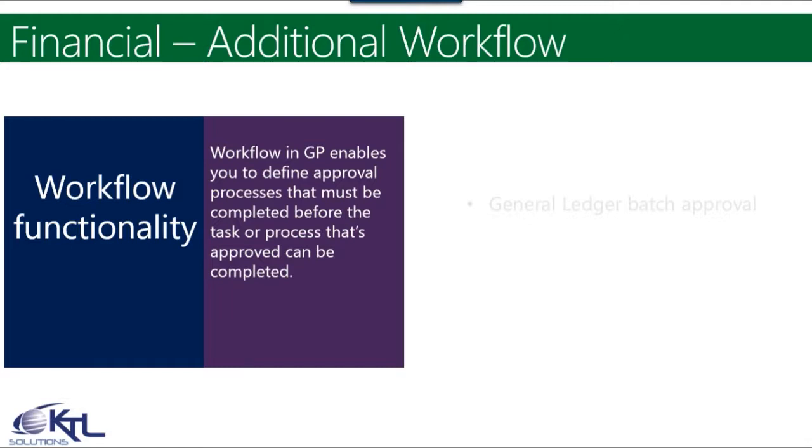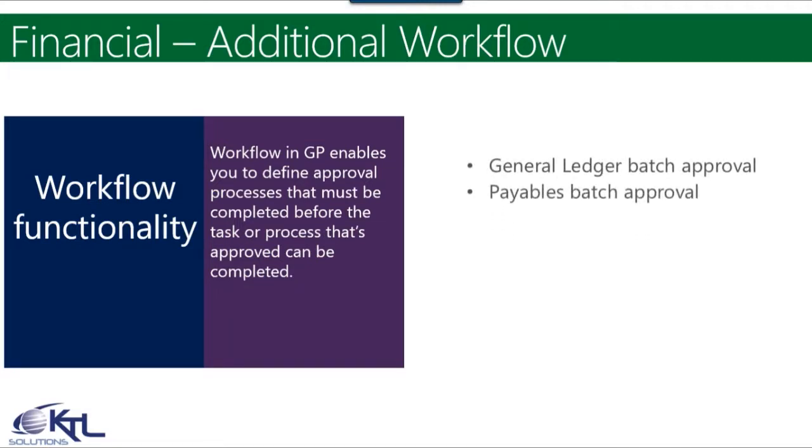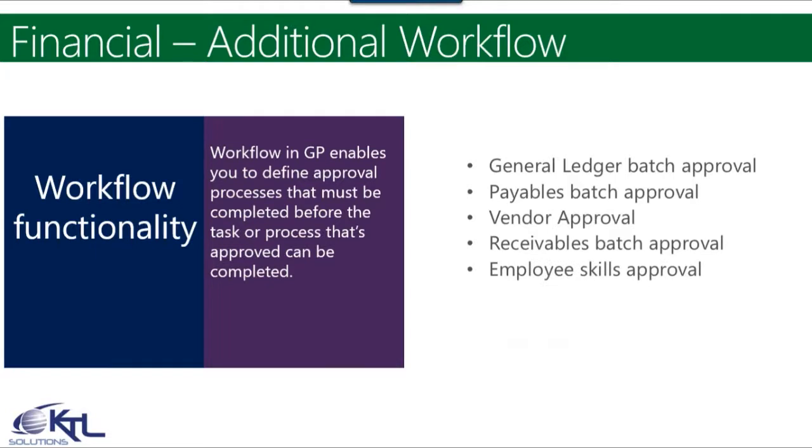Workflow in GP enables you to define approval processes that must be complete to perform tasks. These workflows can be general ledger batch approvals, payables batch approvals, vendor approvals, receivable batch approvals, employee skills, and W4, project expense.